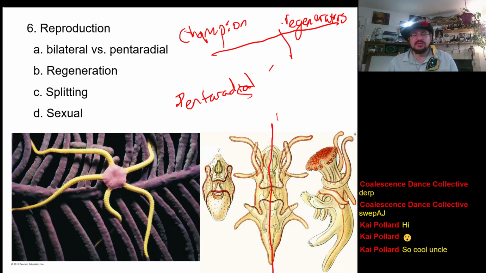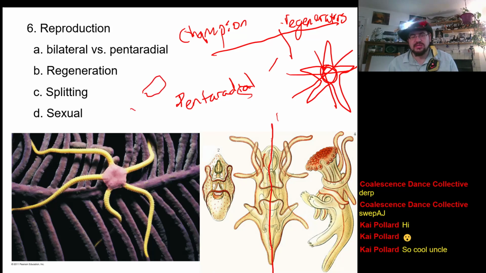So if you take a sea star with its pentaradial symmetry, there's the central disc. If you cut it and there's a section of central disc, you will regenerate a sea star. All they need is a portion of their central disc, and they can regenerate the whole sea star from it.